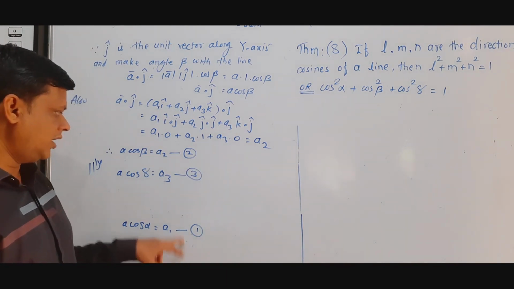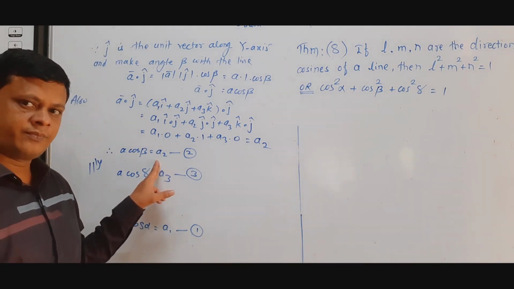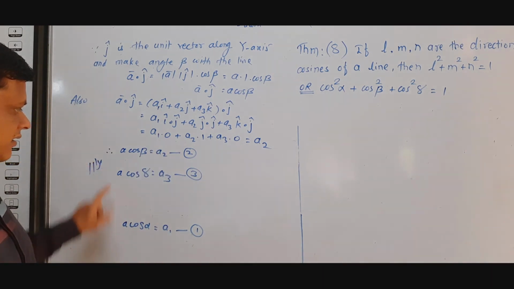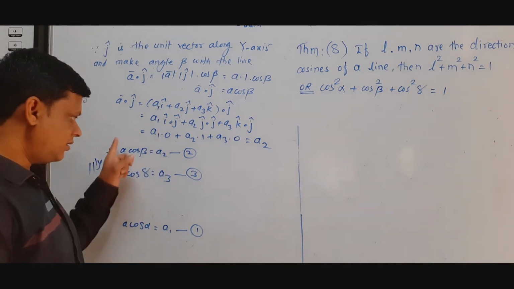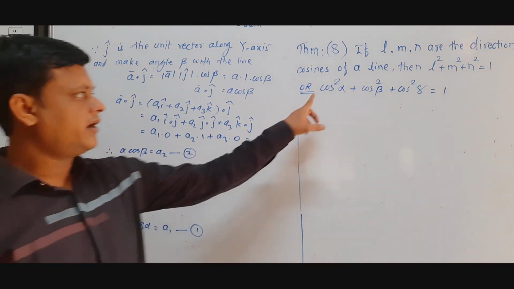So from equation 1, equation 2, equation 3, we require the squares and their sum.